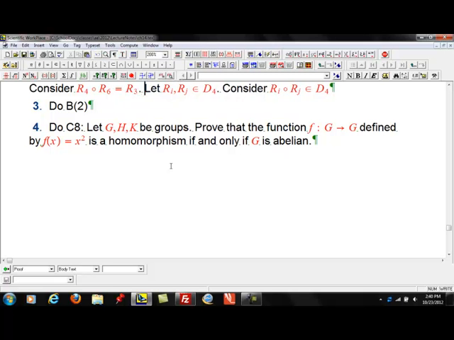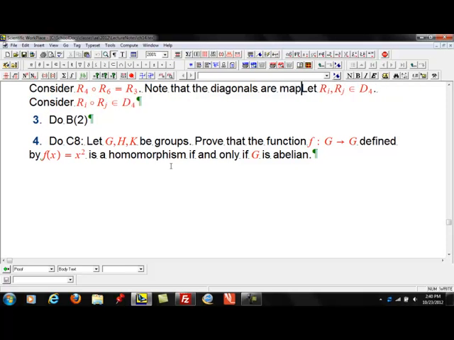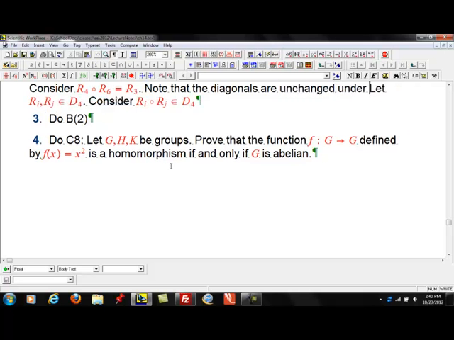What happens to the diagonals in that case? Are they switched or are they left the same under R4? If you just look at R4, it takes 1 to 1 and 3 to 3, but it interchanges 4 and 2, so that's a flip across the first diagonal. So note that the diagonals are unchanged under R4.